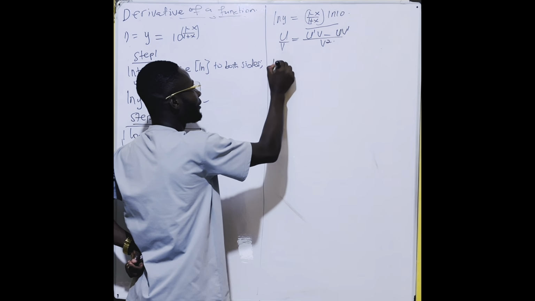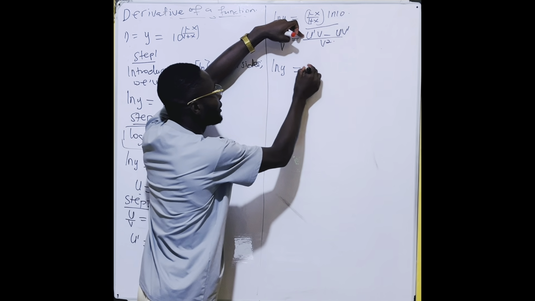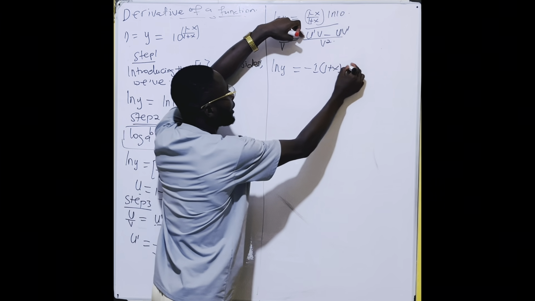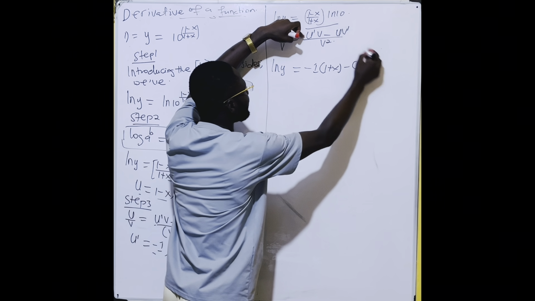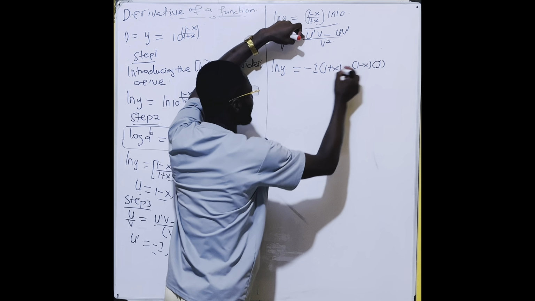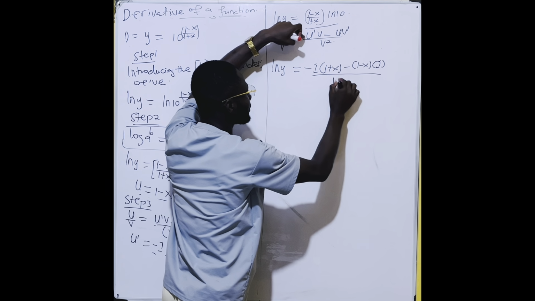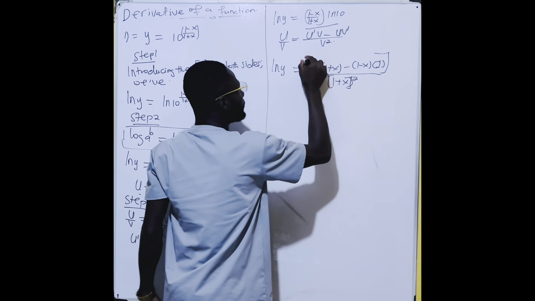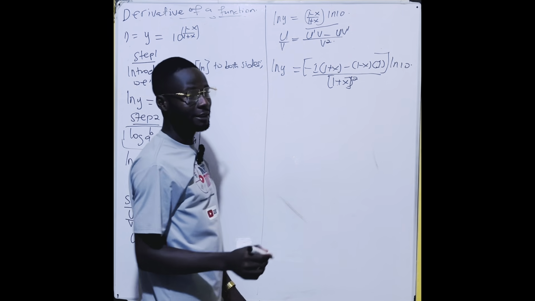So we're going to have ln y equals, our u prime is -1 and our v is 1 plus x, minus our u, which is 1 minus x, and our v prime, which is +1, divided by (1 plus x) all squared, multiplied by ln 10, right?